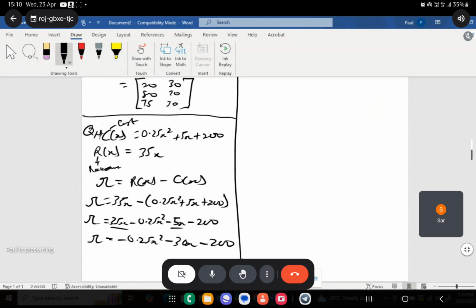You don't understand? Okay. I'm saying that from there, the negative will affect everything in the bracket. So now this one will be negative, this one will be negative, this one will be negative. That's what I've done.